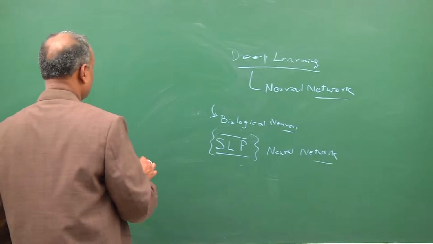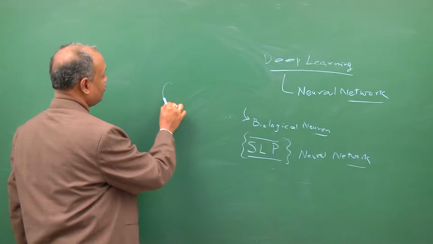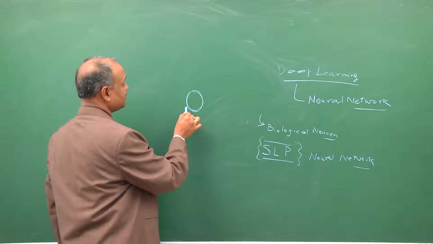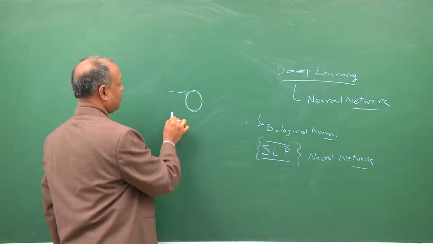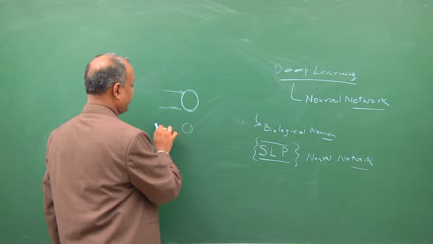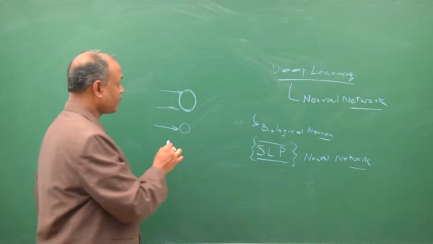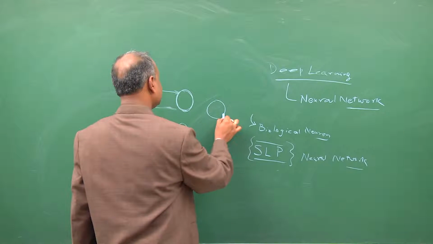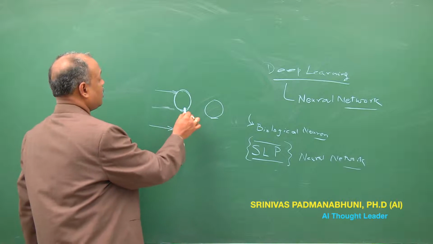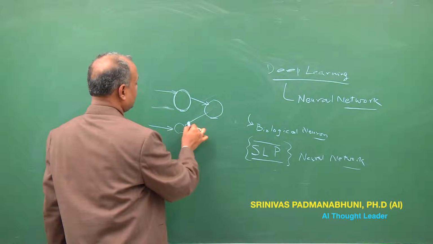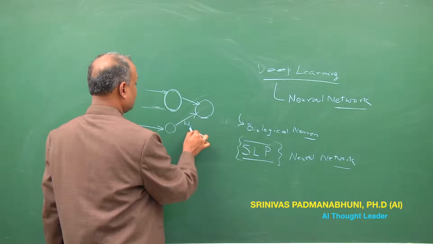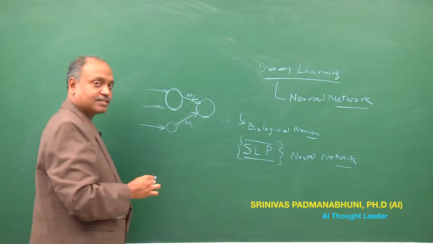A single layer perceptron is based on the idea that there is some set of input nodes, then there is something known as an activation node, and all input nodes are connected to the activation node with some weights.